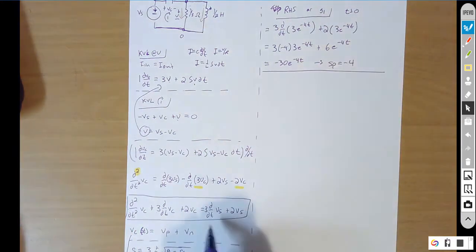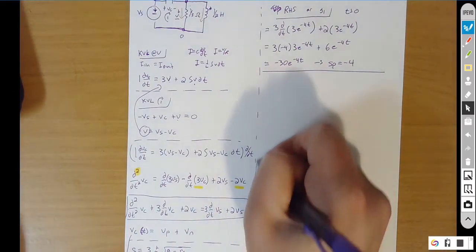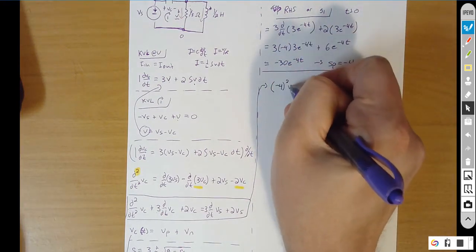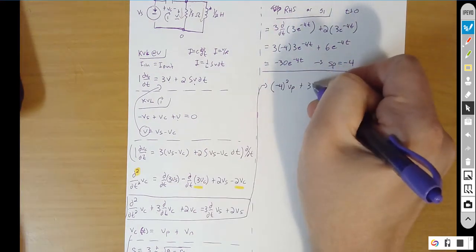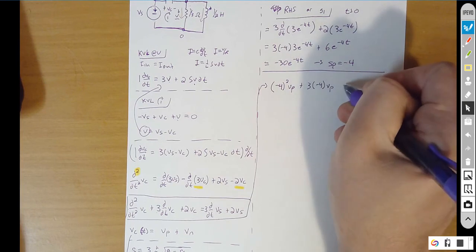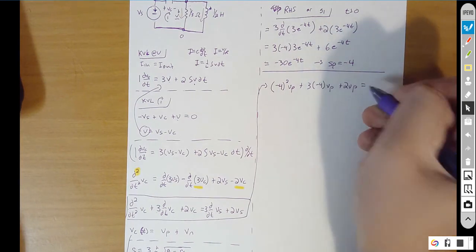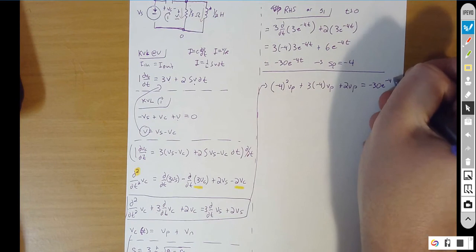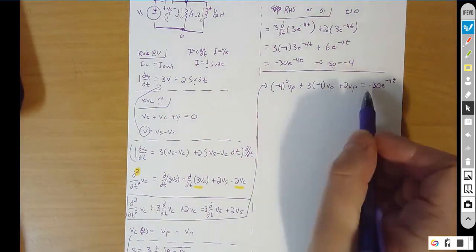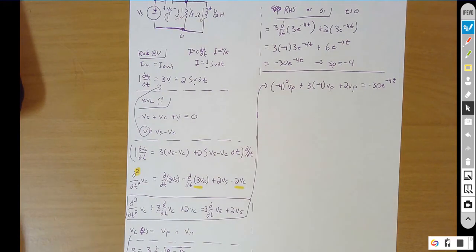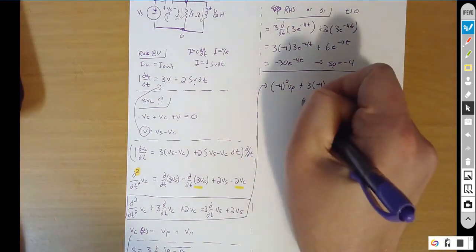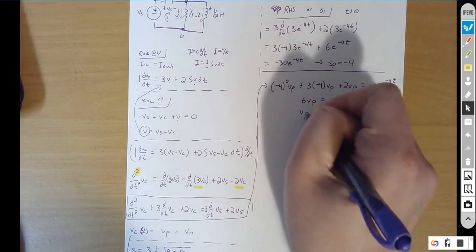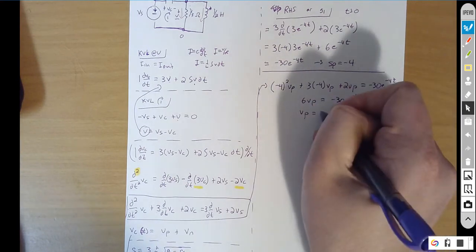We end up with -4 squared V particular plus 3 times -4 V particular plus 2 V particular equal to the right-hand side, which I've already solved for: negative 30 e to the negative 4t. Combining all of these, 6 V particular is equal to negative 30 e to negative 4t, which means V particular is 30 over 6 is 5, so negative 5 e to the negative 4t.